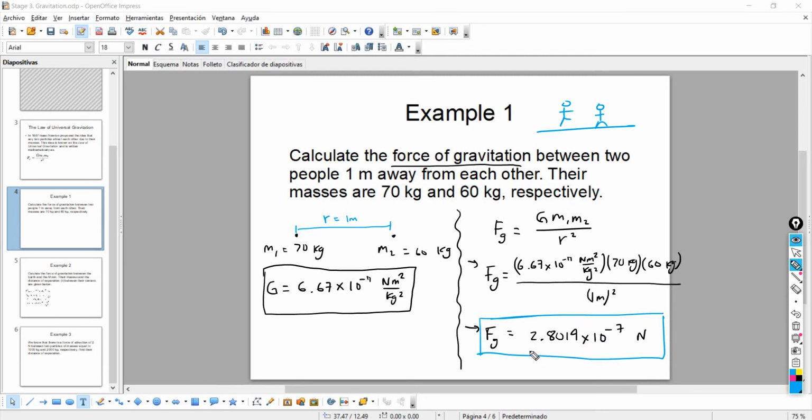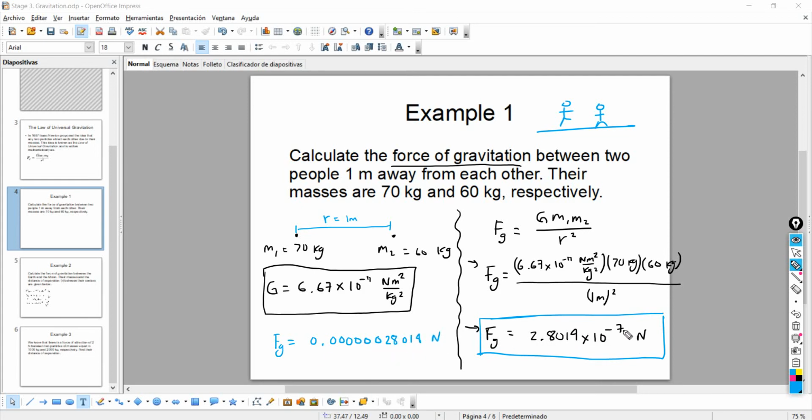A very small force. If you wrote this in standard notation, the force of gravitation is equal to 0.00000028014 newtons. It's this small.